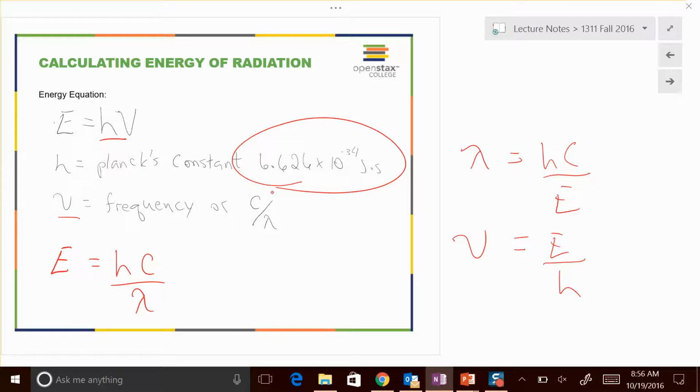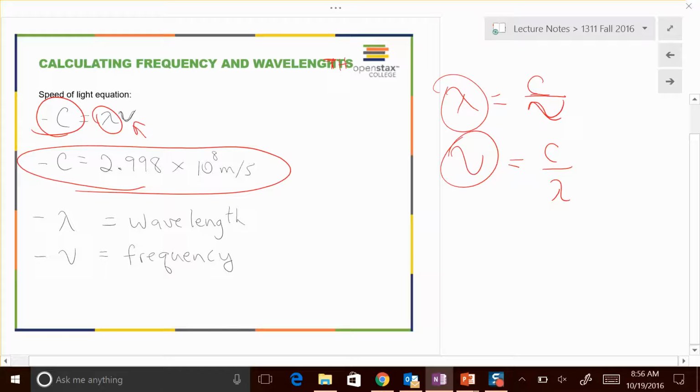Planck's constant times the speed of light divided by the energy. So I just needed to know that one thing, and I could find it. Likewise, if I know the energy, I can find the frequency. If I know the frequency, I can find the wavelength. If I know the wavelength, I can find the frequency. And so this is all for just a wave.